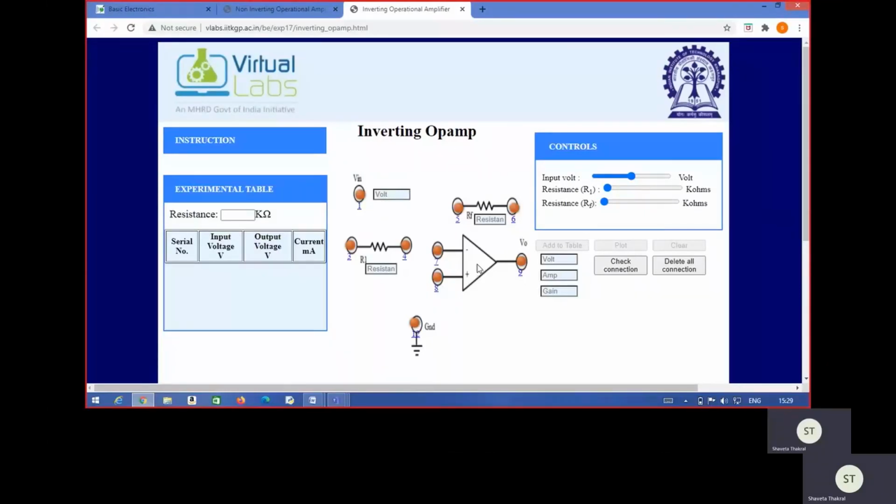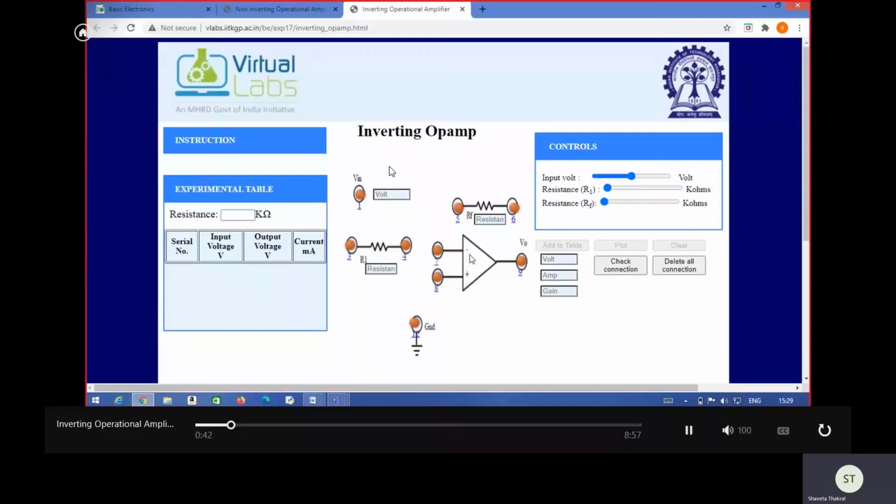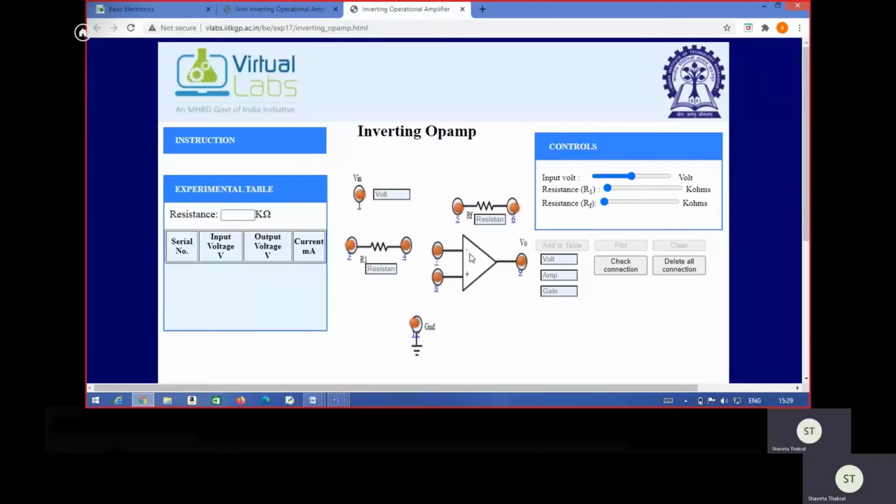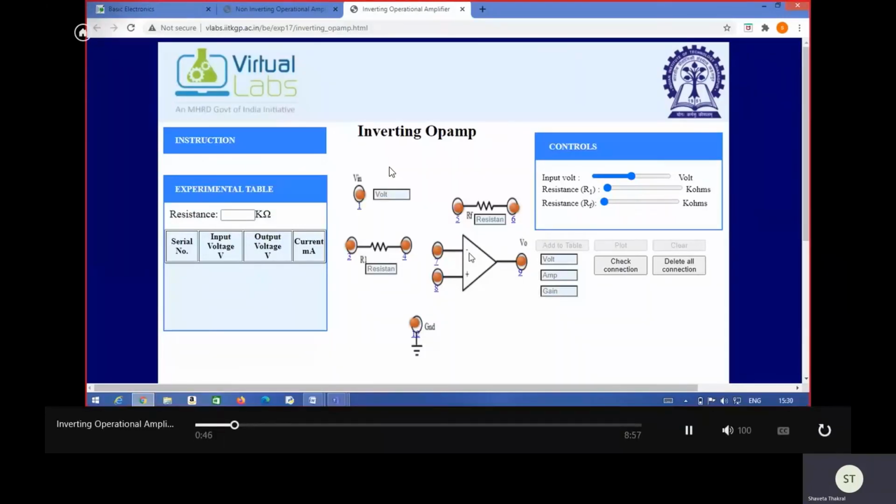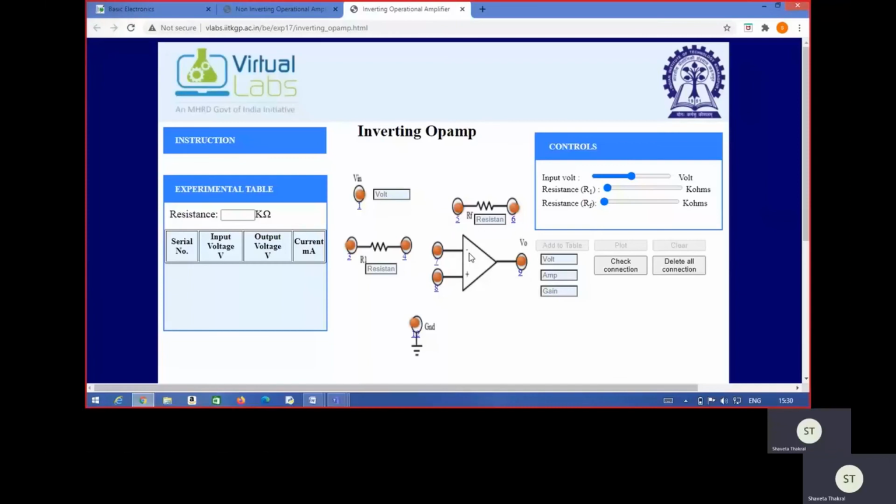In this IC 741, we have two terminals on the input side. The minus is called the inverting input terminal and the plus is called the non-inverting input terminal. And on the output side, we can see one terminal to measure the output. So this terminal is called the output terminal.